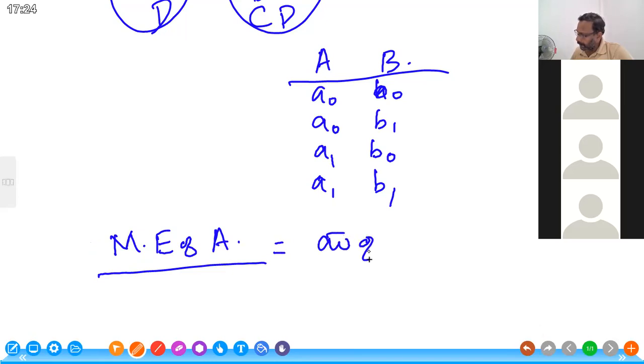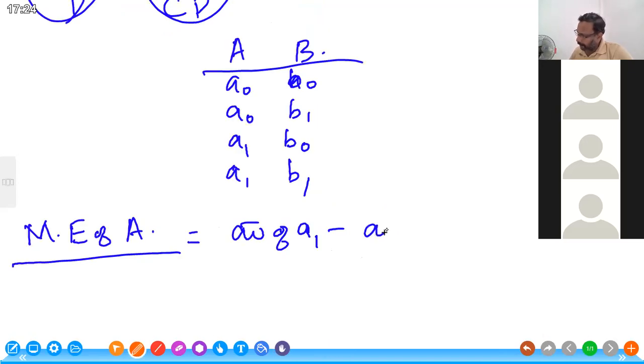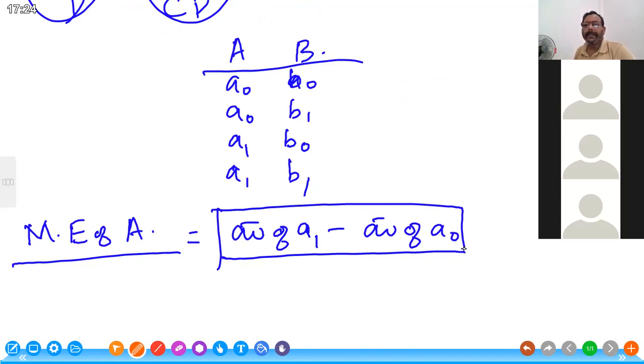Average of A1 minus average of A naught. Do you all agree? Because I am talking about only A, it is the average of A1 minus the average of A naught.